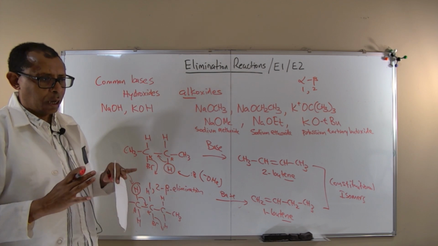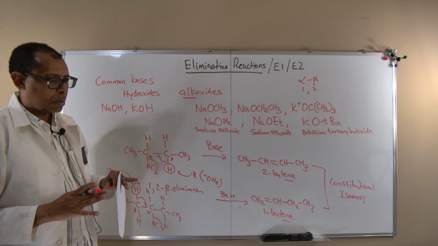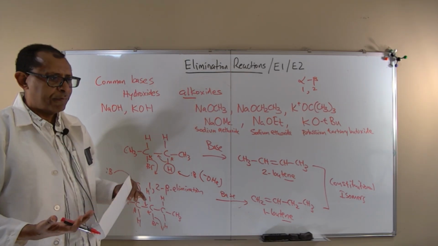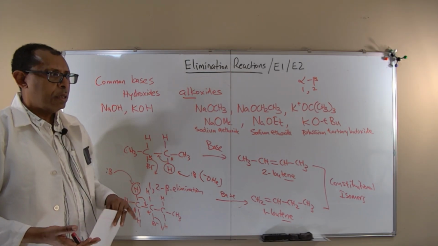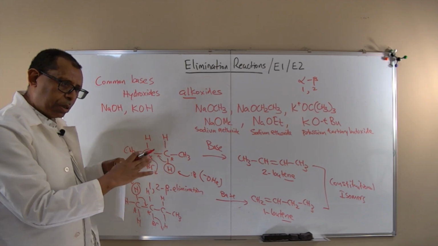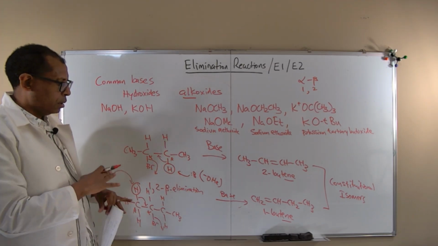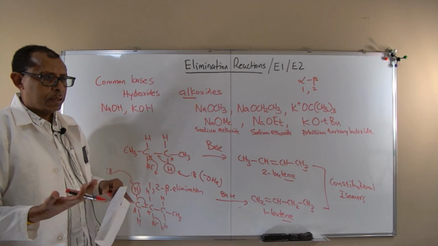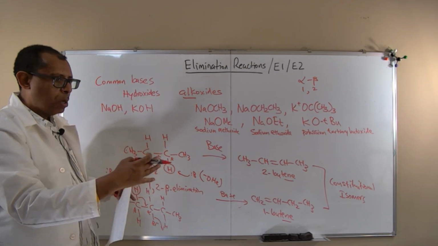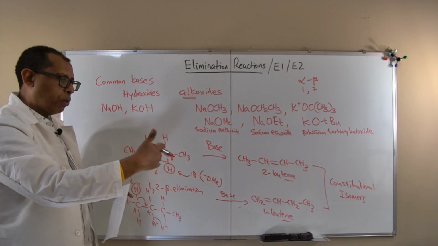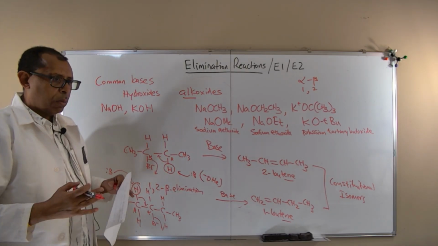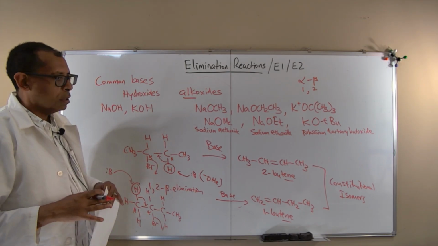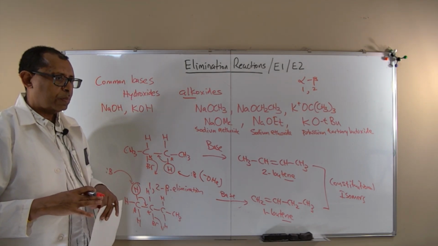They are different compounds. They are isomers. They would have different chemical properties. They would have different physical properties as well. So you are producing different compounds in this case. But in some examples, you may not have that possibility, only maybe one beta carbon and one beta hydrogen. So with this, we'll continue more on the details of the elimination reactions.